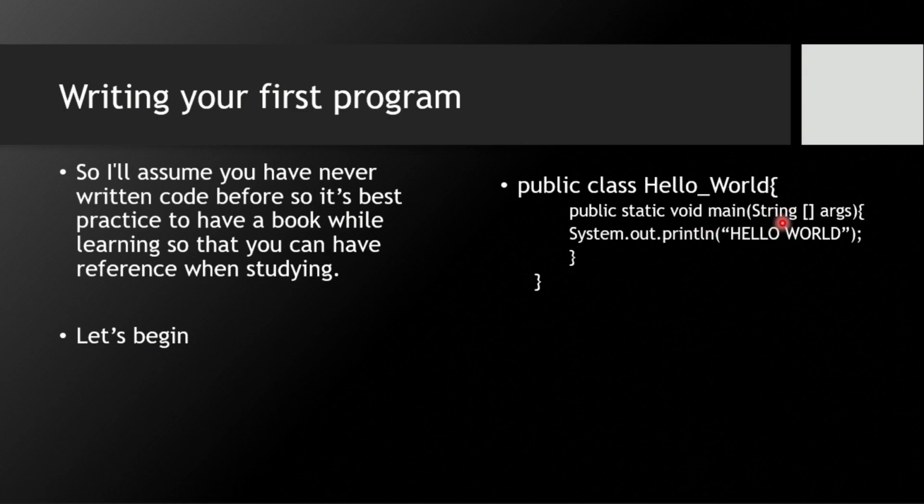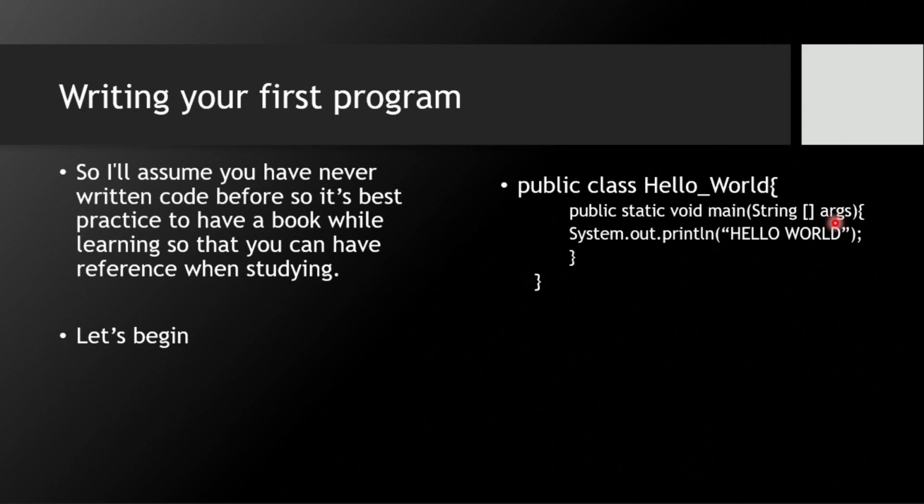So we have public static void main String. A string is a data type that holds, let's just say, sentences, for lack of better terms. String gives you the ability to return statements rather than just numbers and letters. Basically, anything enclosed in quotation marks is a string. We call this method with a string, and then we give our arguments there.